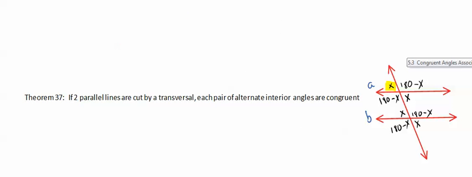Let's look at this diagram again. If I still think about Theorem 37, that the alternate interior angles are congruent if we have parallel lines, if I know that this is congruent to this angle, the alternate interior angles, we already labeled these. This is 180 minus x, as would this be.